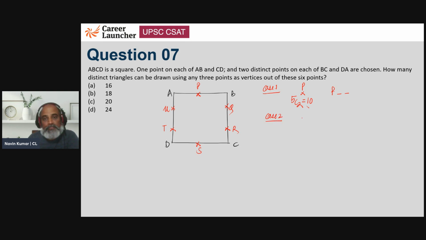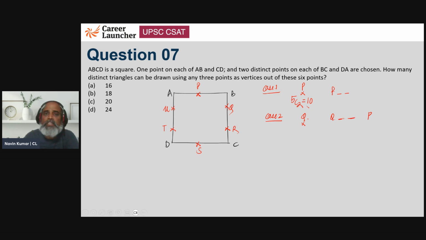Case 2, P is out of the equation. There is no P there, okay? If Q is there, and P is not present, okay? Only Q is there. So Q to hoga hi and P is bahar.